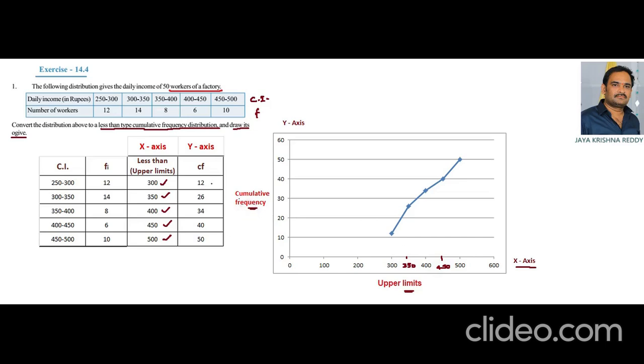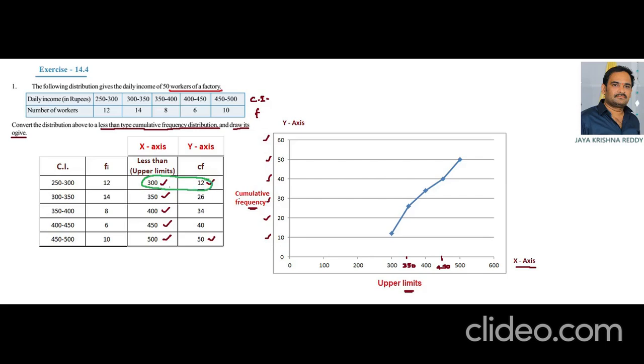The values are in the table, from 12 to 50. I have taken the cumulative frequency with an equal interval gap of 10 units: 10, 20, 30, 40, 50, 60.